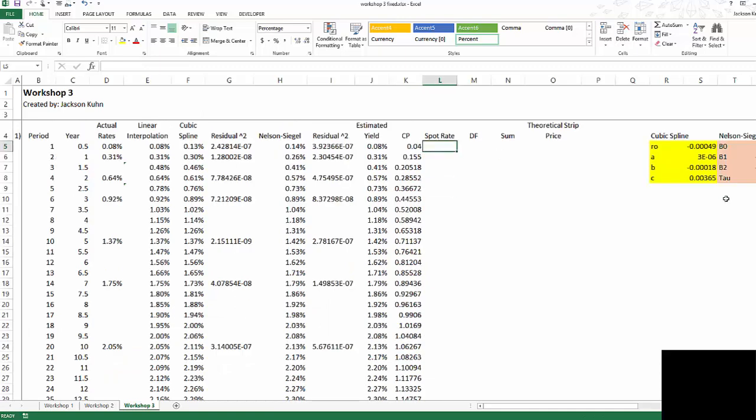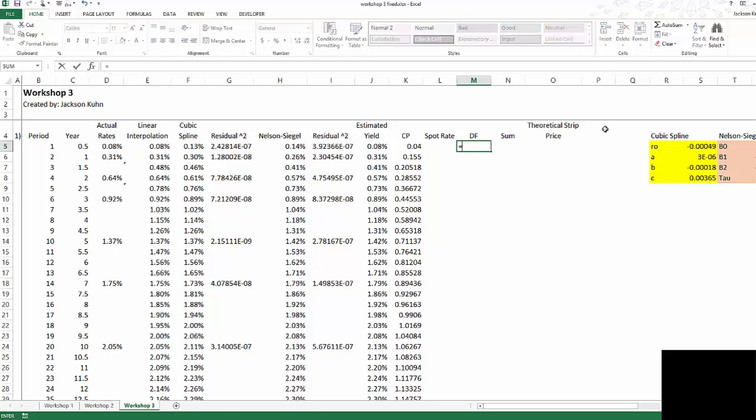And then the next column we're going to want to fill out is our discount factor. For our first two periods, we're going to use a separate equation from what we'll be using the rest of the time. So it's actually going to be equal to 1 divided by 1 plus our estimated yield divided by 2 raised to our period.